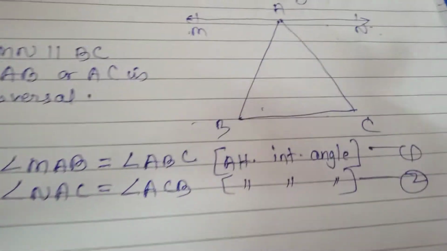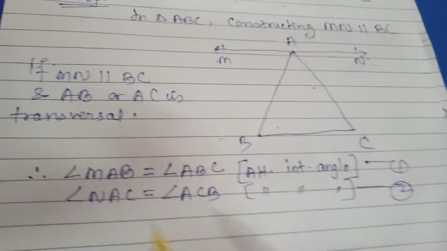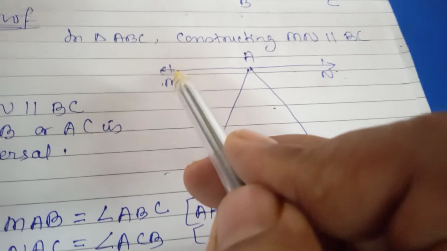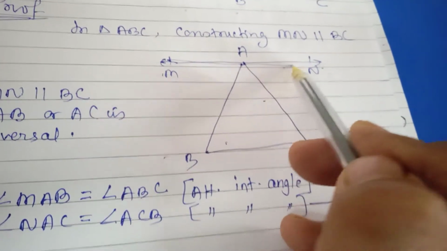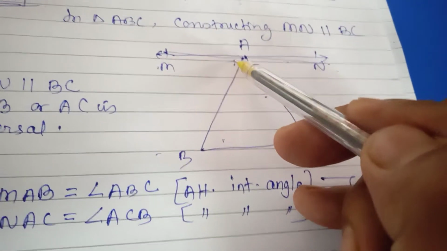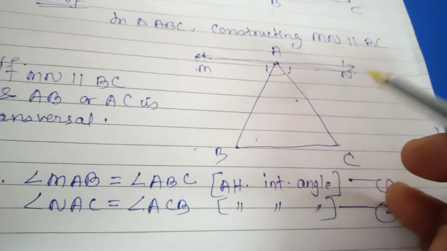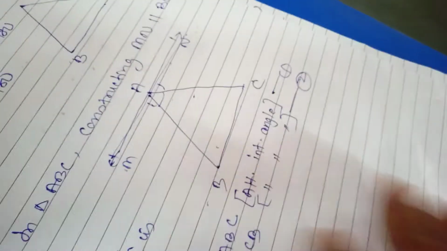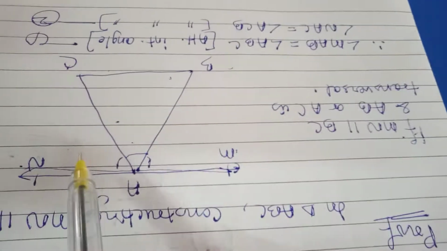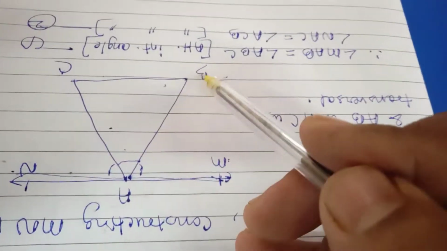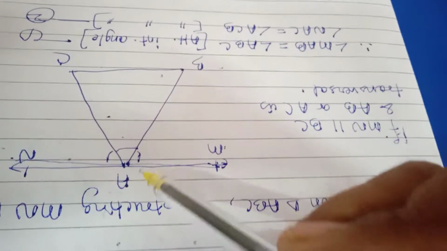Now, what we will do then? If I select line MN, I will find that this angle and this angle are lying on a linear pair. You just see, if I am rotating my page, you can see that this line and these are the rays originating and they are forming what? Linear pair of angles.